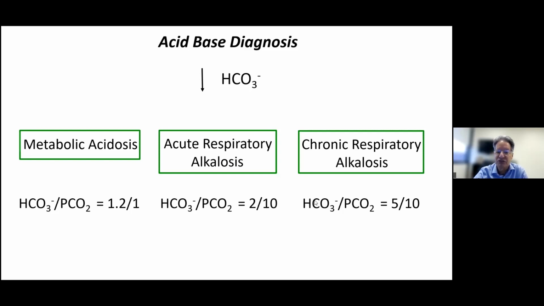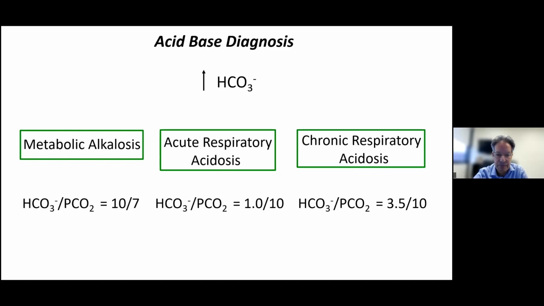But to do that, you have to know these relationships, which are derived experimentally from studies done in the 50s and 60s. And you can look at those original papers if you really want to go into the history of the diagnosis of clinical acid-base disorders. It's a fascinating history, actually, which I'm oversimplifying.